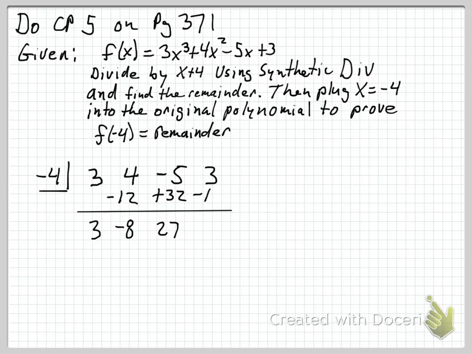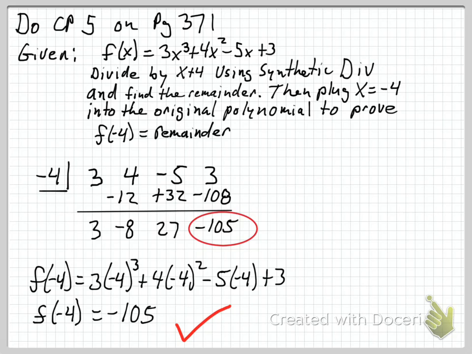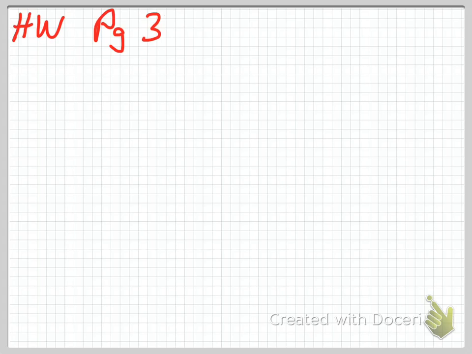Okay, there's my setup, there's my synthetic division, and I did get a remainder. So the remainder theorem says if I stick in -4 into my original equation and evaluate it, it will equal my remainder, and sure it does. So we have a point on our graph, -4, -105.